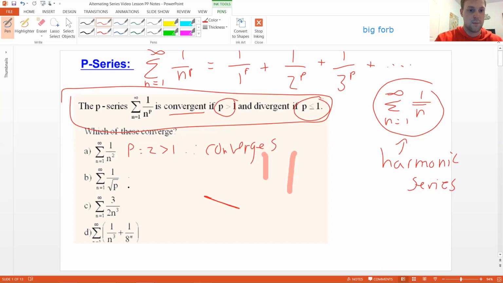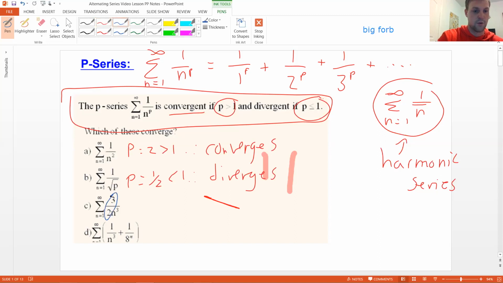Like down here, p is equal to what? 1/2. And 1/2 is less than 1, therefore it diverges. That makes sense. Again, in order to identify convergence or divergence of a p-series, it's got to be 1 over n to some power, which in C is not quite like that.